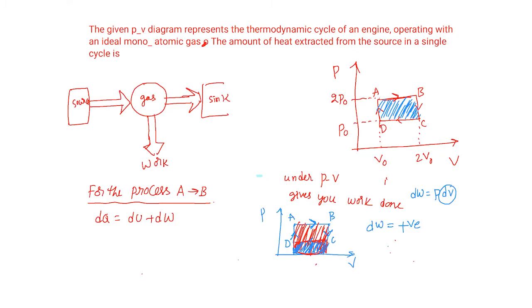In a clockwise cyclic process, work done is positive. And in an anti-clockwise cyclic process, work done is negative.